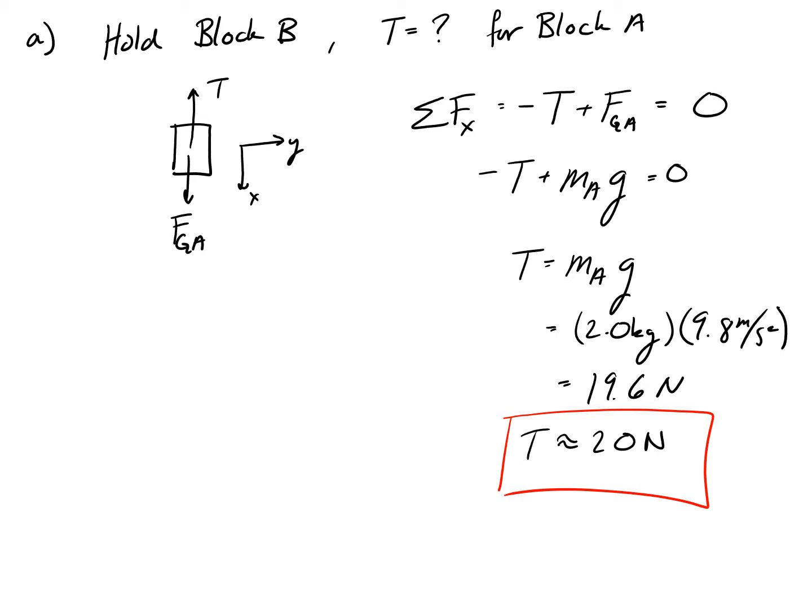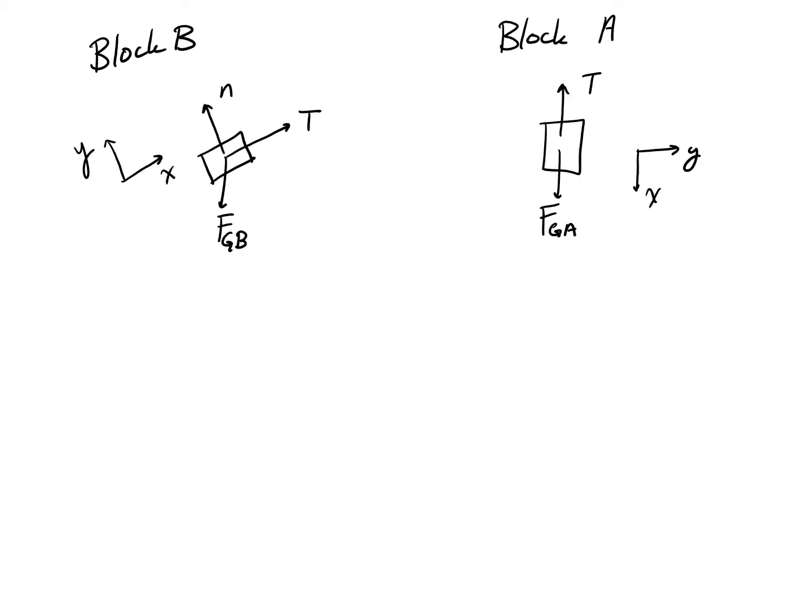It's part B where we need to start utilizing Newton's third law of motion. So let's go ahead and do that. Let's think about our two blocks and writing out Newton's first and second laws for these blocks. Because in part B, we've let go of block B, and we want to figure out which direction it moves and the tension.